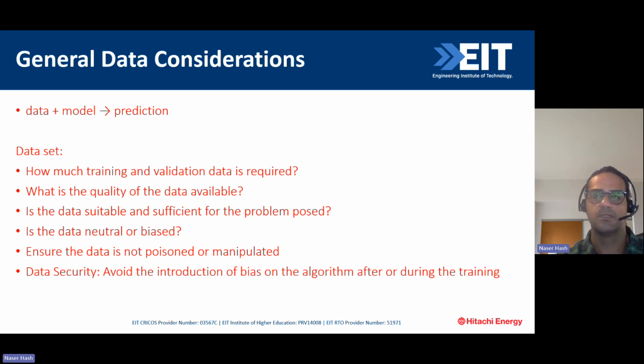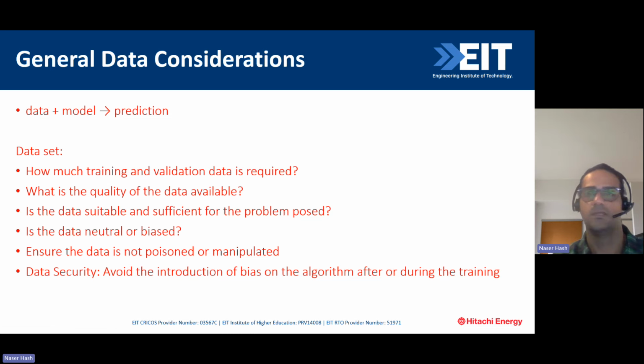So how can we consider these data and modeling together to create a prediction? We have to have a solution for that. The data is very important. We're collecting the data. How much data is available? What is the quality of the data? We need to train the data. We need to validate the data. Sometimes there are outliers in the data. Sometimes there was a disconnection and the data came through wrong.